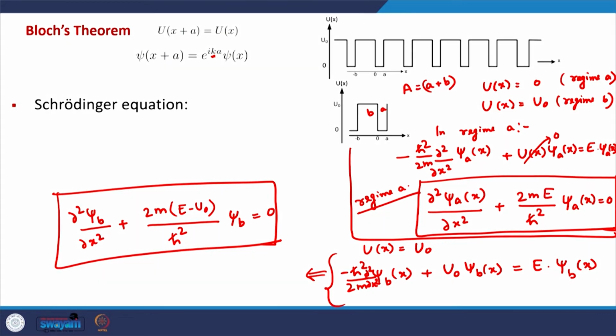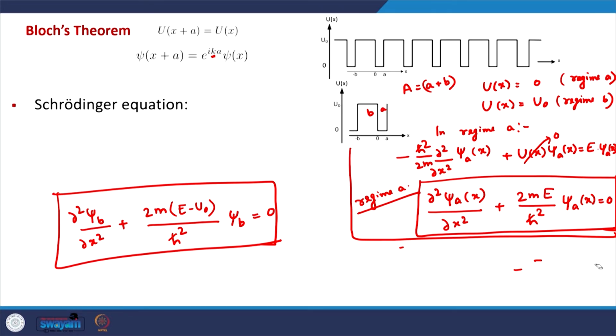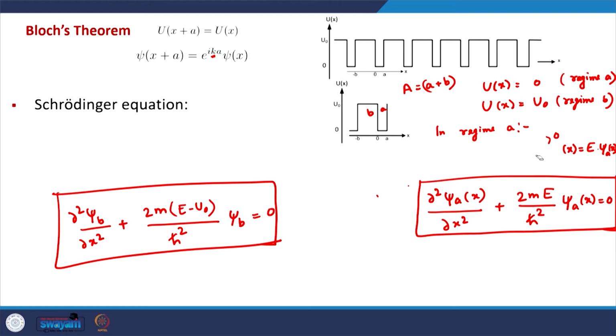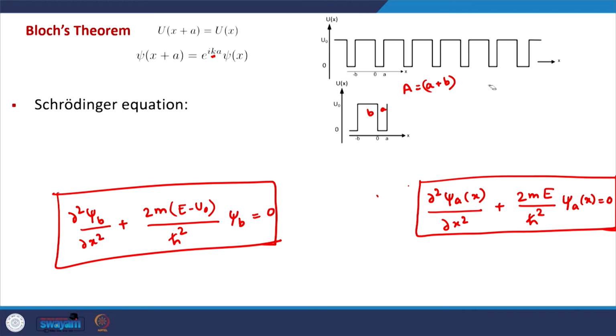So, let's put them together at one place, and as you might have already noticed, the Schrodinger equation looks quite like our earlier Schrodinger equations that we solved for free particle and particle in a box cases.